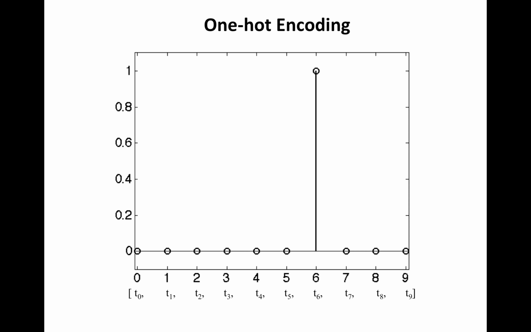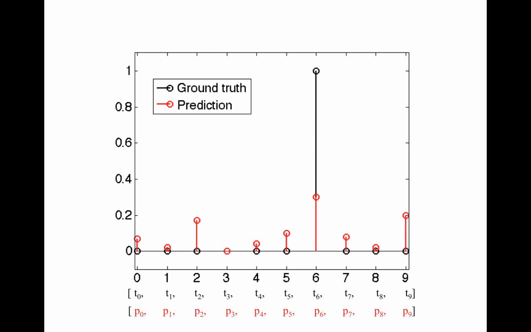The output of our neural network will also be a vector of 10 elements. So here I'm denoting it as P0 to P9. That's going to be the output of our neural network. It's going to be a vector of 10 elements, right?